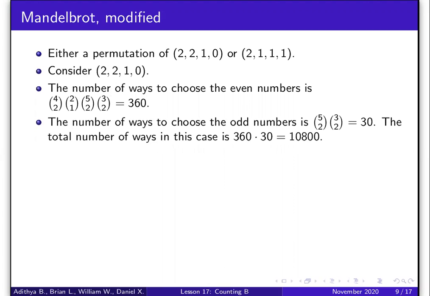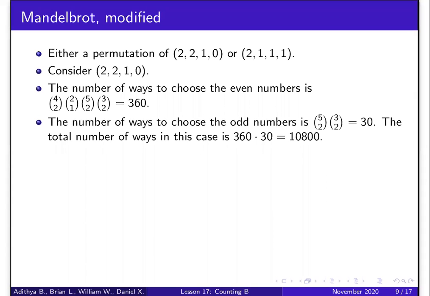For the odd numbers, there are just 5 choose 2 times 3 choose 2, because if we look at how many numbers are left, we see that the first set will have two odd numbers left, and another set will have two odd numbers left, and one last one will have just one place left for an odd number.